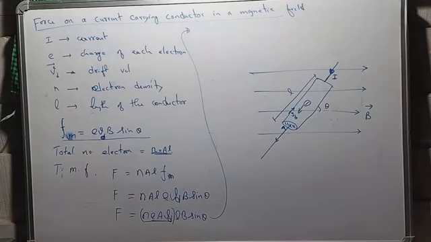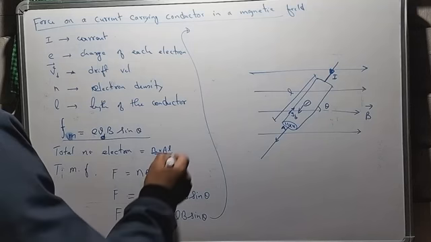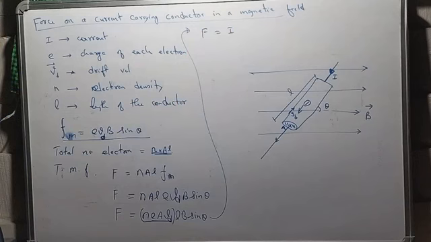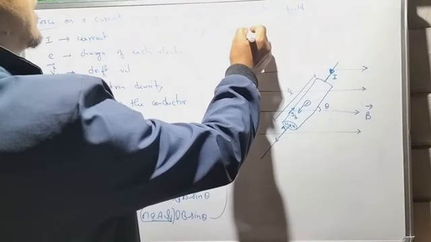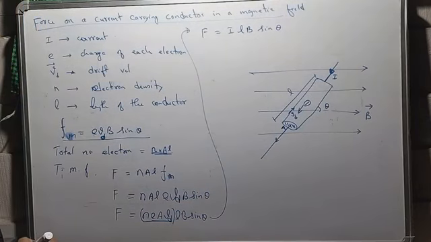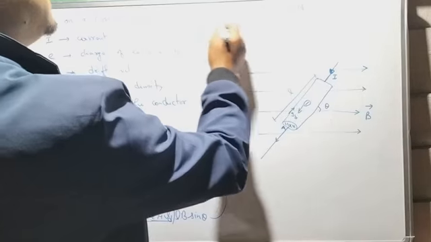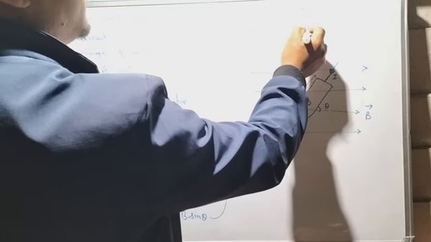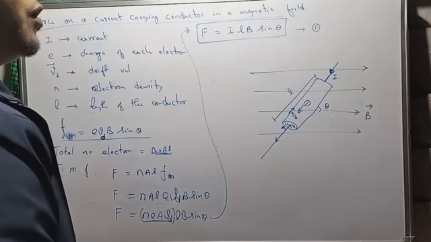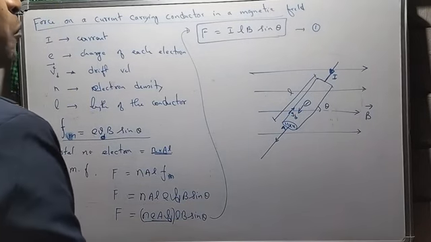If you remember from chapter 3 about electric current, n e A Vd is the electric current I. So instead of n e A Vd, I write I, and then L, B, and sin theta. This is the magnitude of the magnetic force experienced by a conductor carrying current placed in a uniform magnetic field.